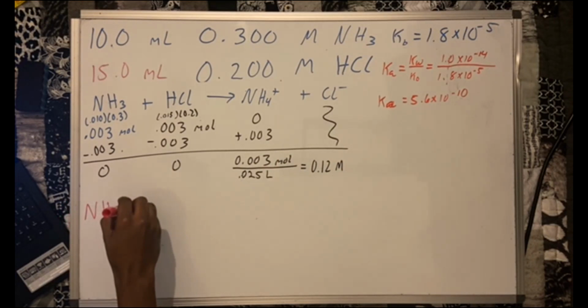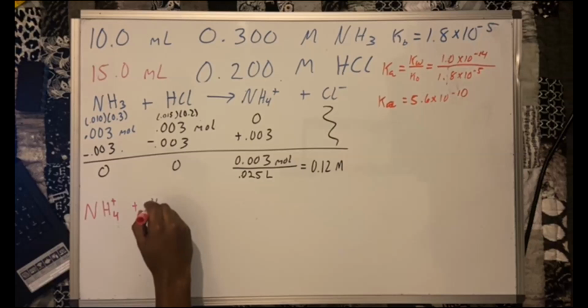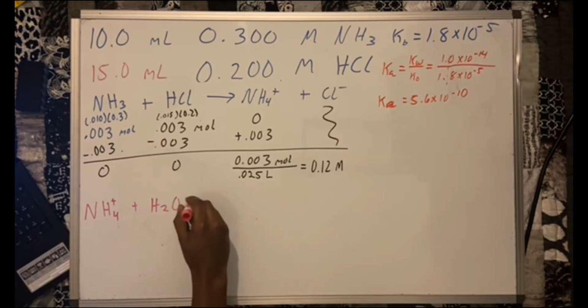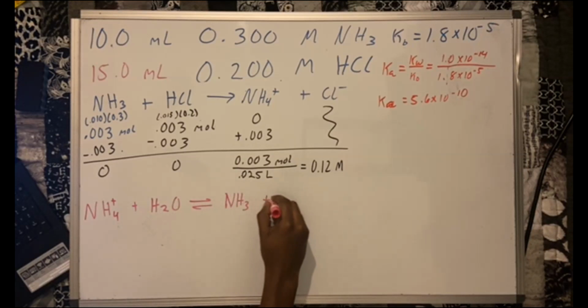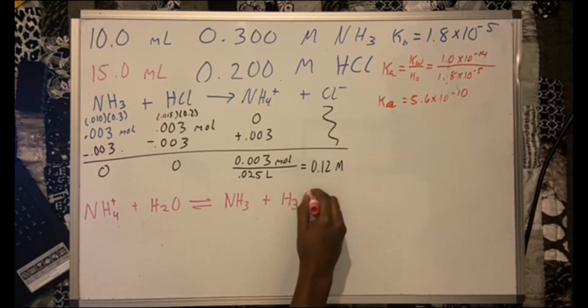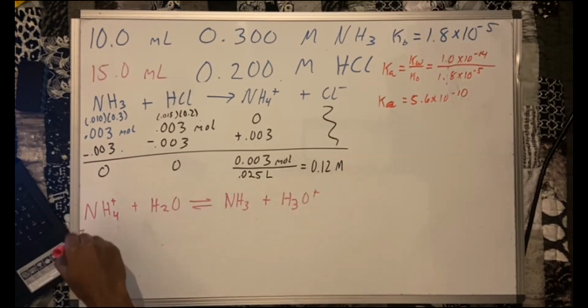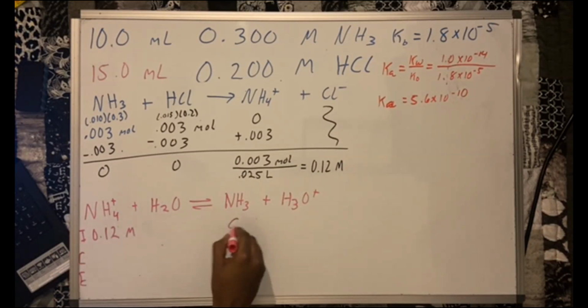NH4 plus plus H2O gives NH3 plus H3O plus. 0.12 molar, 0.